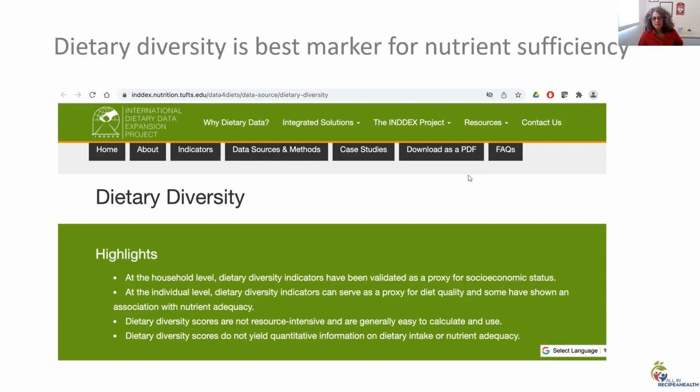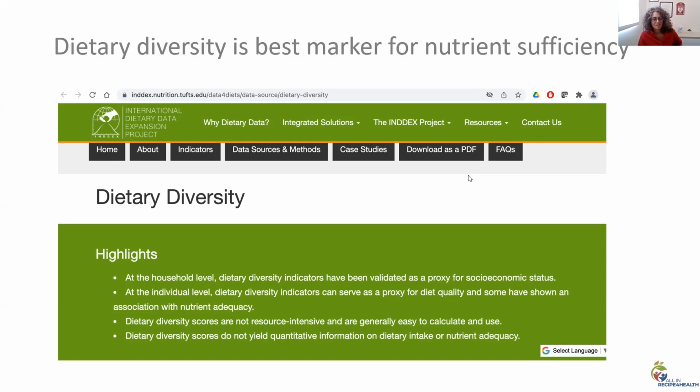This has been very well studied overseas in countries where nutrient deficiencies are much more common. In the US, the reality is that most folks are getting enough micronutrients. They're just getting way too much sugar and too many calories. So we have different nutrition problems here.